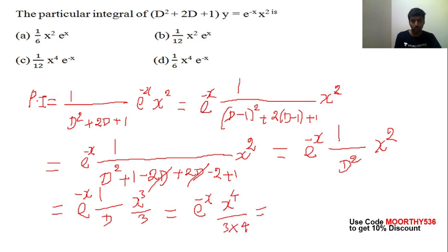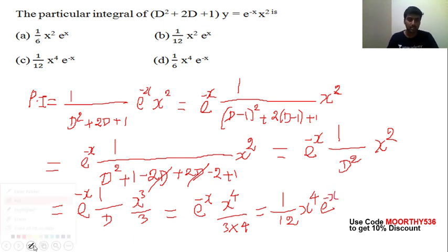That is equal to 1 divided by 12 into x power 4 into e power minus x. So this is the answer.